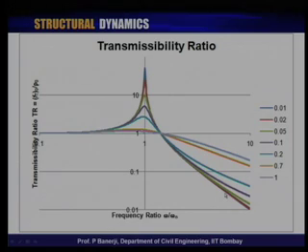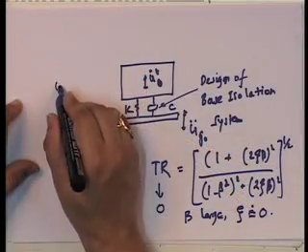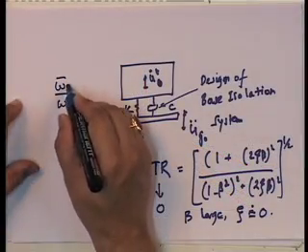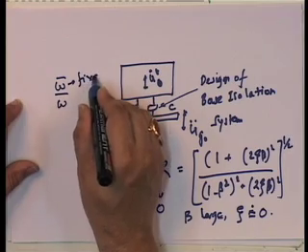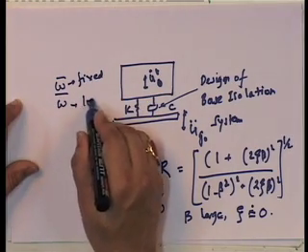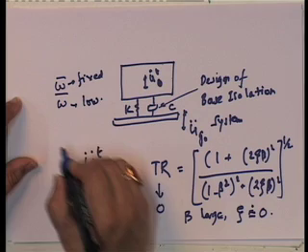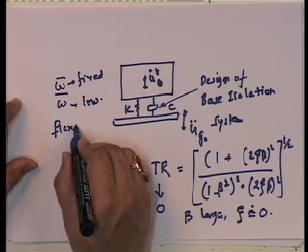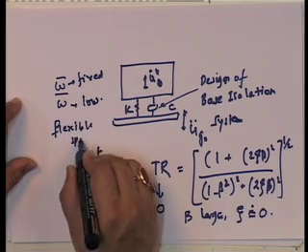So, therefore, again the same thing. Let us look at the same problem. Omega bar is fixed. So, beta large means low omega. Low omega means flexible spring.